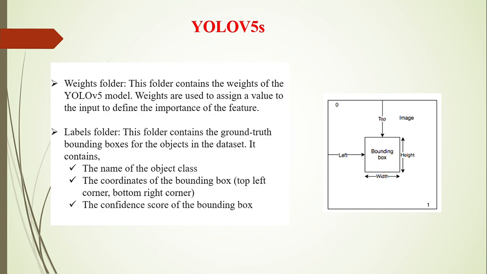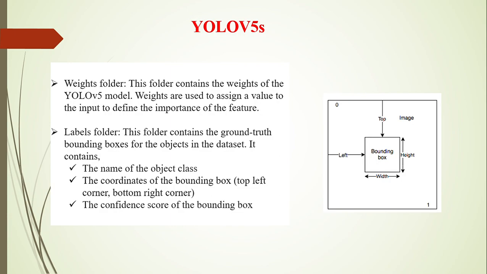The next is the weights folder. Each feature has a weight associated with it in order to specify the importance of the feature. It has two files, best.pt and last.pt. The best.pt refers to the model checkpoint saved at the epoch or iteration where the model achieved the best performance on a chosen validation metric.